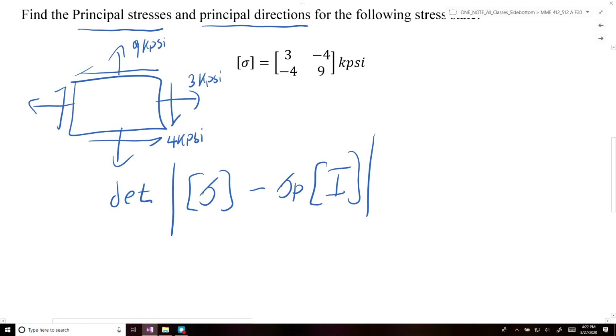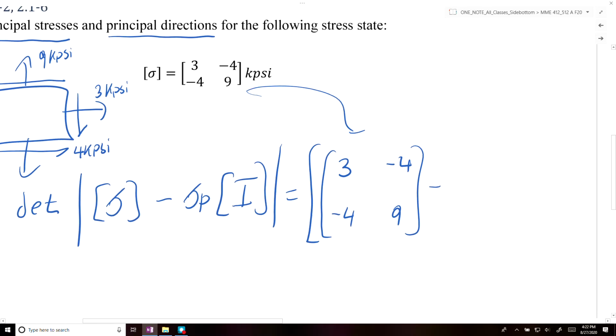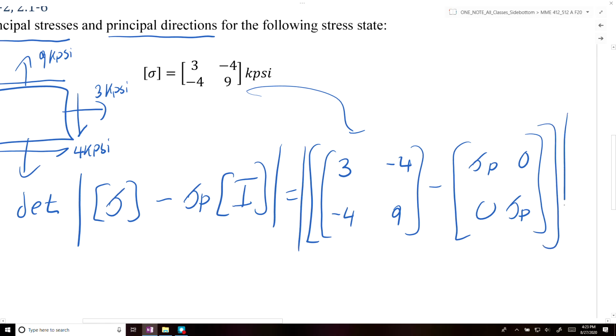If we do that, we get 3 kpsi, minus 4 kpsi, minus 4 kpsi, and 9 kpsi from our state of stress, and then we subtract our identity matrix times sigma p. And we take the determinant of that whole thing.